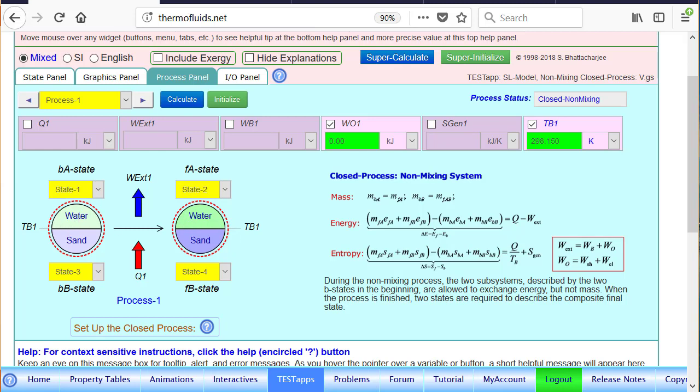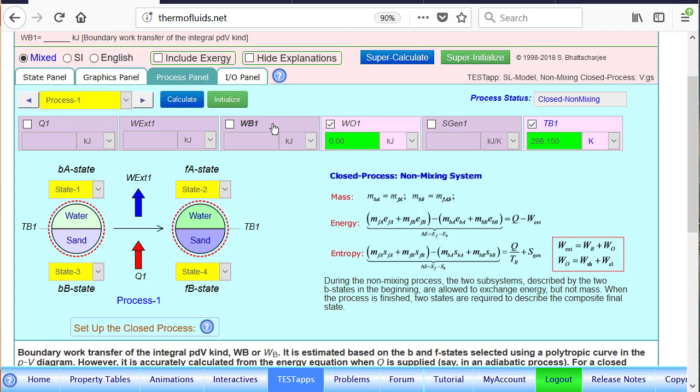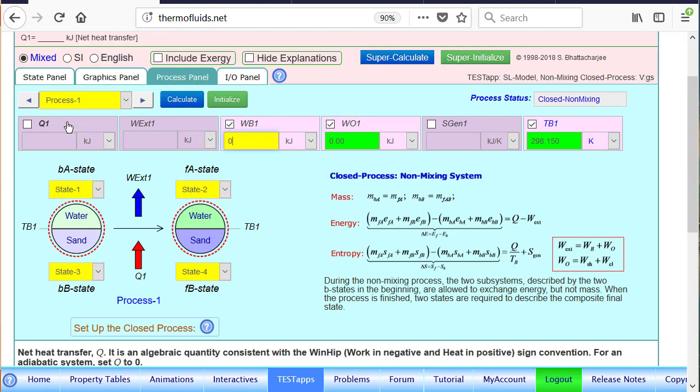So as you can see, the water remains water, sand remains sand. And we also know there is no boundary work because volume does not change. And assuming water doesn't boil, of course, water remains liquid water. At 90 degrees Celsius anyway, water will not boil. And Q1 equals 0 because there is no heat transfer with the external world.